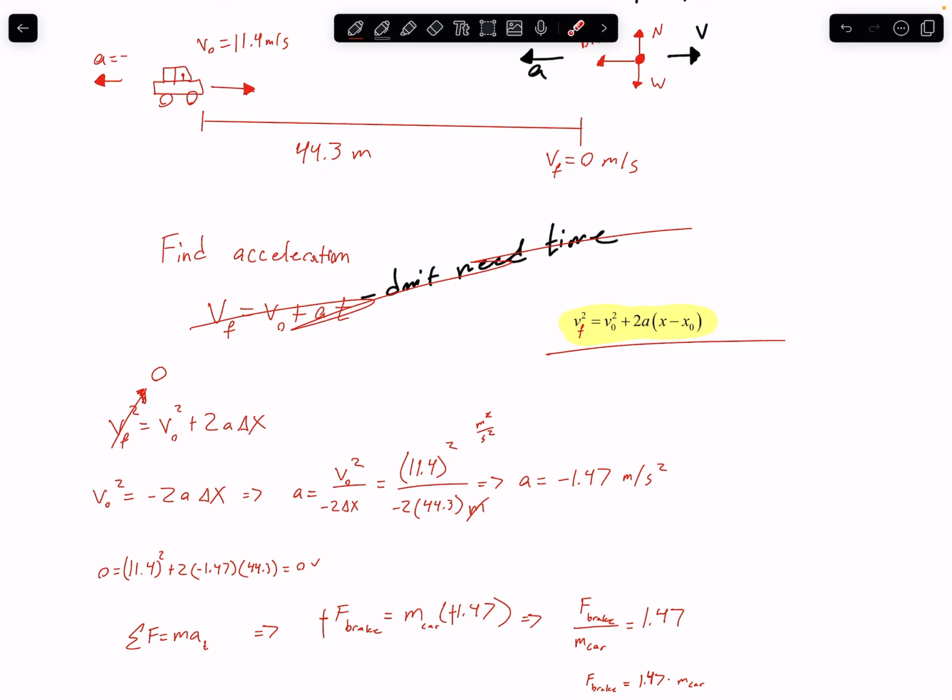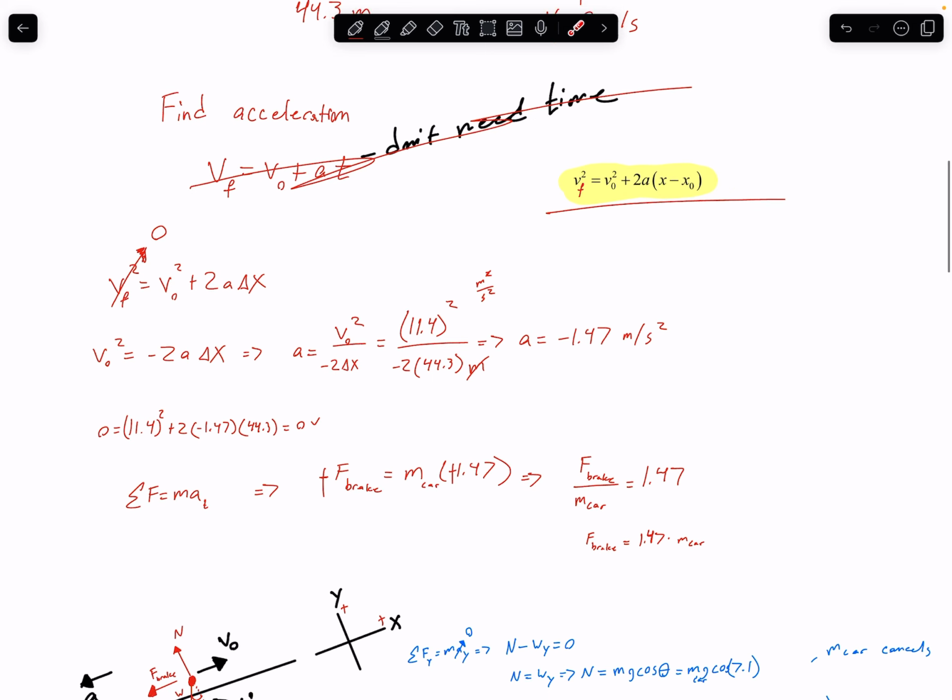So find the acceleration. We can use this kinematic equation here. Initially I was like, oh, it should be easy, but we don't have the time it takes, so cross that out. But we have the final velocity, the initial velocity, and the distance traveled, and a constant. So that leaves the acceleration as the only unknown.